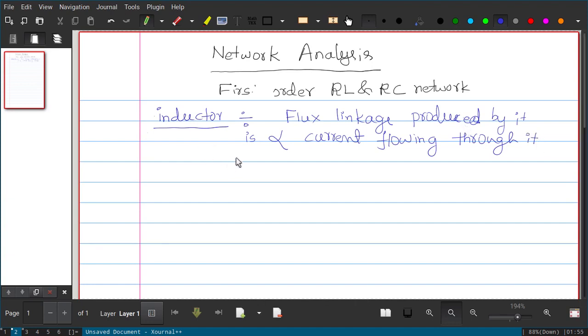So if you call psi the flux linkage associated with an inductor, it is directly proportional to the current flowing through it. More current flows, more flux linkage will be produced. Now if I use a proportionality constant, it will be L times I, where L is the inductance.